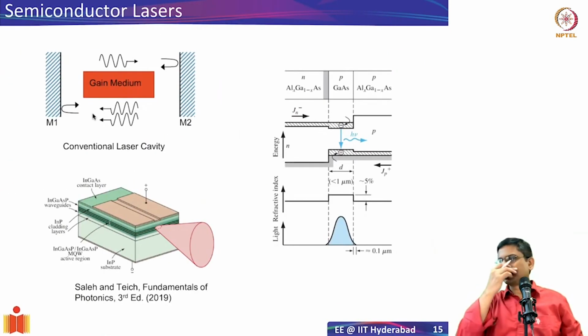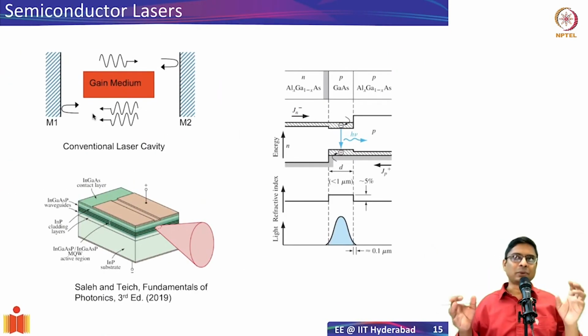And so we have looked at what the cavity is. We looked at what the gain medium is. And one of the ways to create population inversion in semiconductors, in modern lasers, is by using what are known as double heterostructures. We talked about heterostructures, or quantum wells, wherein you had gallium arsenide sandwiched between 2 gallium aluminum arsenides on both sides.